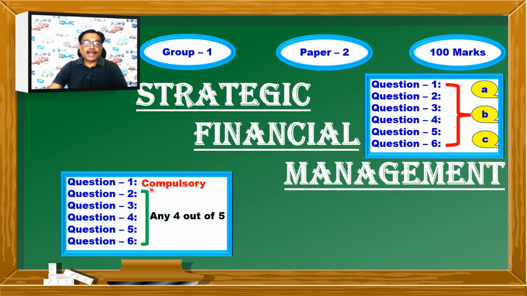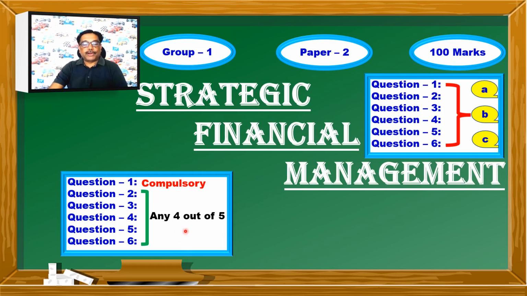Now, out of these 6 questions, question number 1 is compulsory. Out of the remaining 5 questions, question number 2, 3, 4, 5, 6, you have to answer any 4. So for the first question, no alternative is available to you; you have to attempt it. From the remaining 5 questions, you have to attempt any 4.